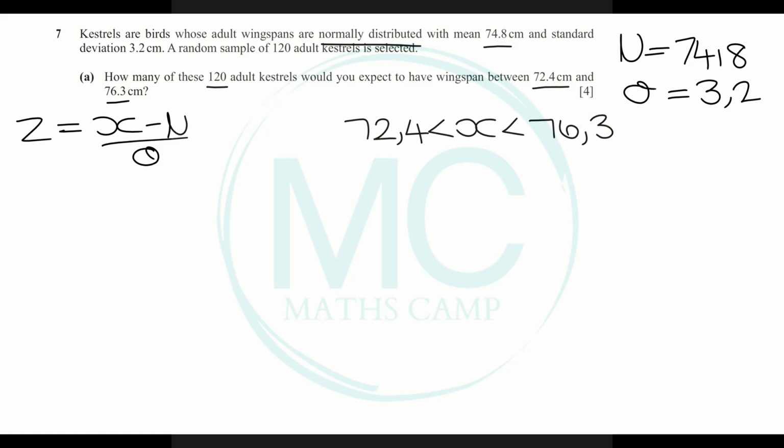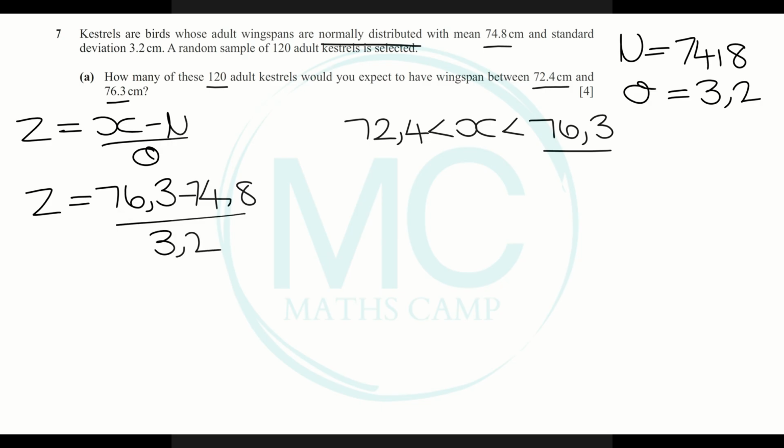To find the probability the wingspans are between these values, we need to find the probability of the wingspan being smaller than 76,3, and then we subtract the probability of it being smaller than 72,4. So let's start with an X value of 76,3. I'm going to say that Z is equal to 76,3 minus mu 74,8 over standard deviation 3,2.